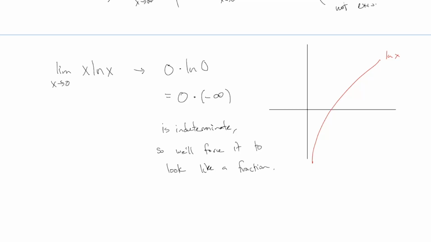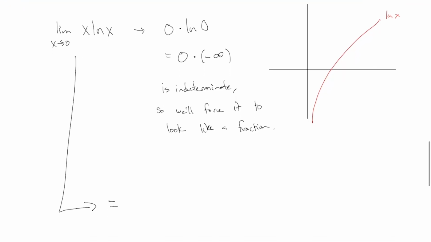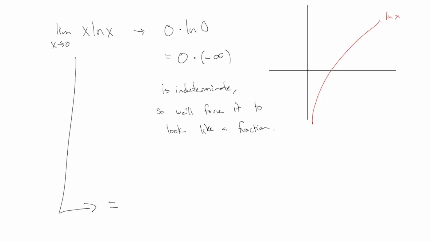All right, so you start with this, x times ln of x, and I want to write it as a fraction rather than just x times ln x. Anybody got an idea? How could I force this to look like a fraction? I can think of two ways that you could do this. One is a little better than the other, but any ideas?